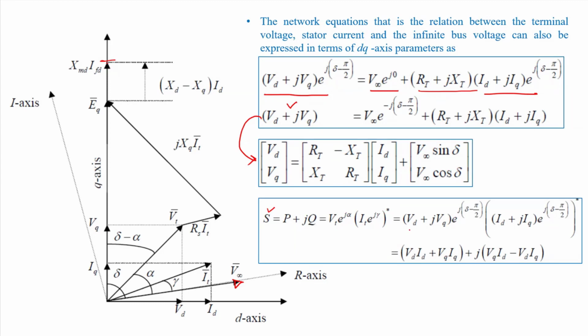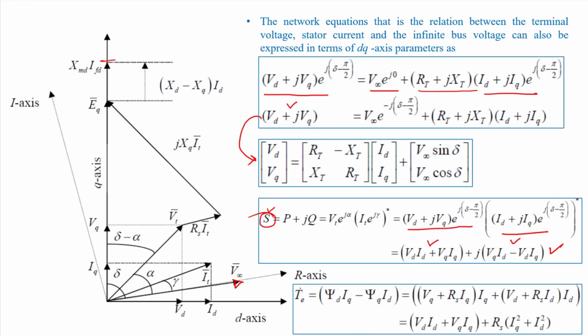Substituting the dq axis parameters here, multiplying and segregating the real and reactive terms, I'll find VD ID plus VQ IQ plus j of VQ ID minus VD IQ, right? So if we know the dq axis parameters VD, VQ, ID, IQ, you can directly compute the complex power just using this formula, okay?